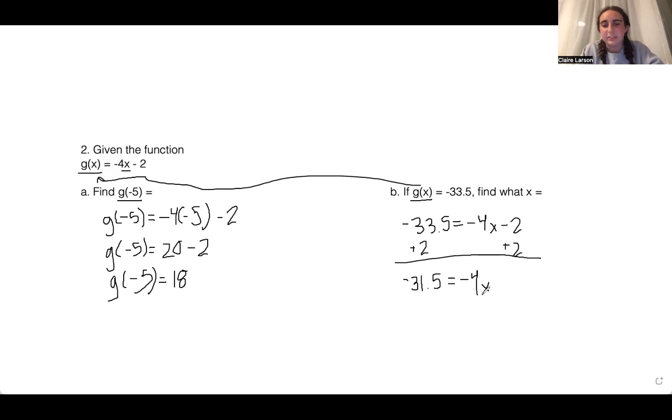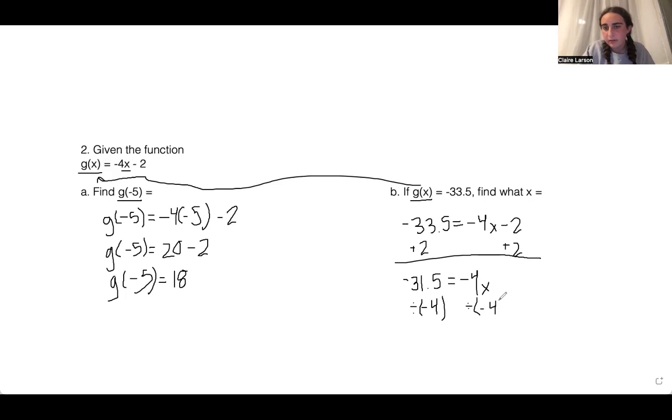And now what we're going to need to do is divide both sides by negative 4 to further isolate x. I'll just put some parentheses around it to make it a little clearer. Hopefully that looks clear for you guys.